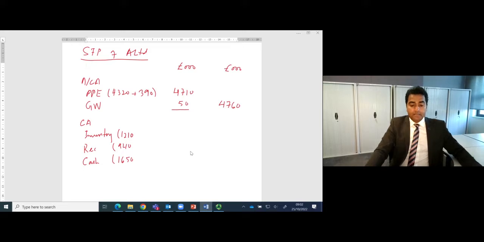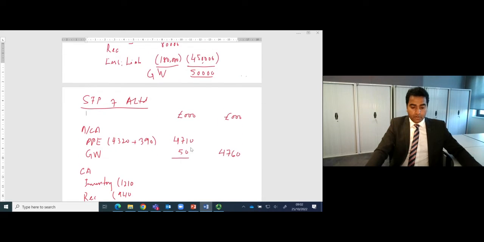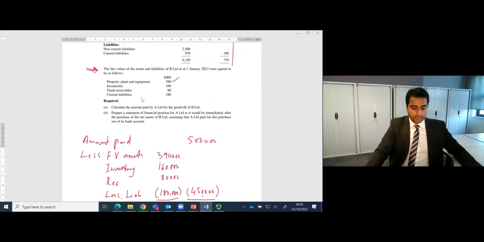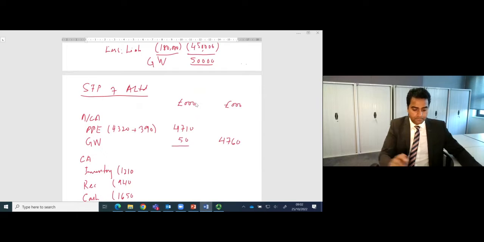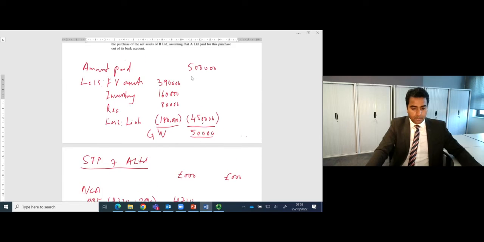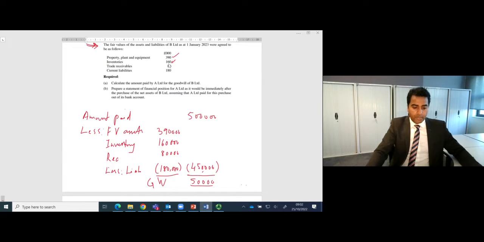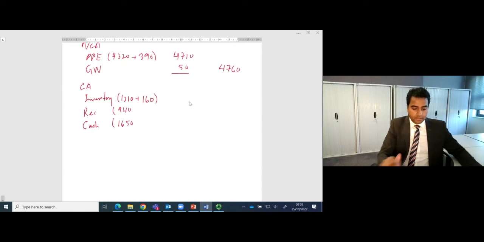Now I also have to add the inventory of the subsidiary company. So the subsidiary company's inventory is 160. So let's record that. Next, we have to add the receivables of the subsidiary company, which is 80,000. So let's add 80,000.